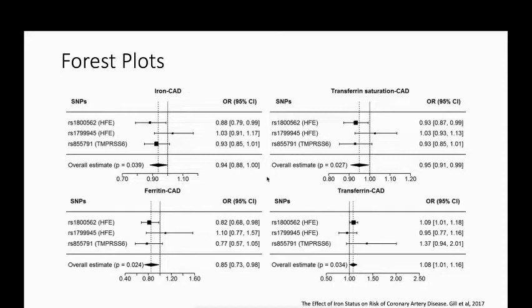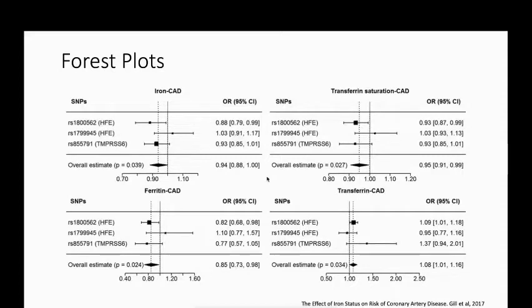The next SNP down, rs1799945, the 95% confidence interval straddles unity, so it's a non-significant finding. And similarly, rs855791, despite the fact that the odds ratio is 0.93, so a 7% reduction in the odds of coronary artery disease, the confidence interval straddles unity, so it's a non-significant finding. If we look at the confidence intervals, it could be anywhere from a 15% reduction in the risk of coronary artery disease to a 1% increase.